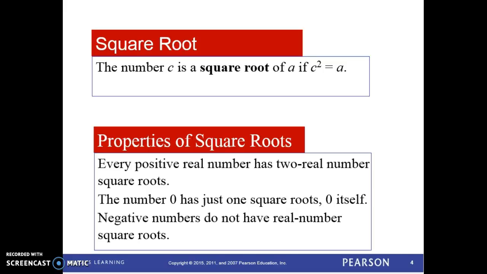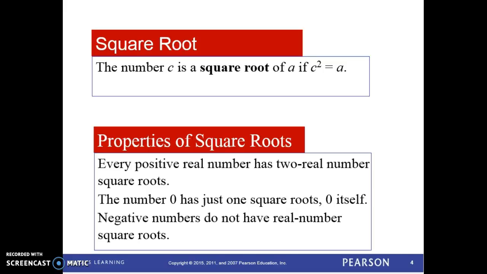Just keep that basic idea in the back of your mind when you think of it with numbers, and then as we get into other expressions, that's going to be really important to understand. Of course, the number 0 just has 1. It's just 0 itself. But that's really, really key as we go through this first section.